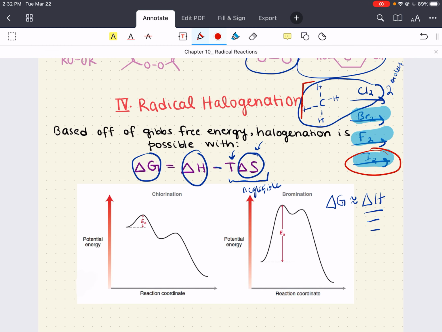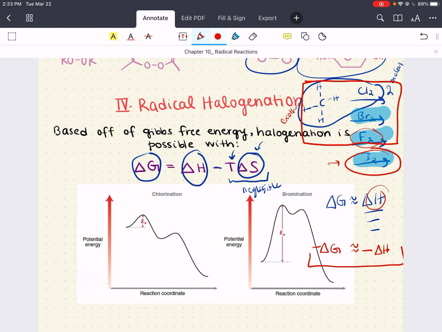So chlorination, bromination, and fluorination are all exothermic reactions. What that means is they're going to have a negative delta H. And if our Gibbs free energy is approximately equal to our enthalpy, that means we're going to have a negative delta G, which means thermodynamically favorable, spontaneous reaction, right? So if chlorination, bromination, and fluorination are all exothermic, that means that they're all possible reactions except for iodination because it's endothermic. Now, that's almost true.